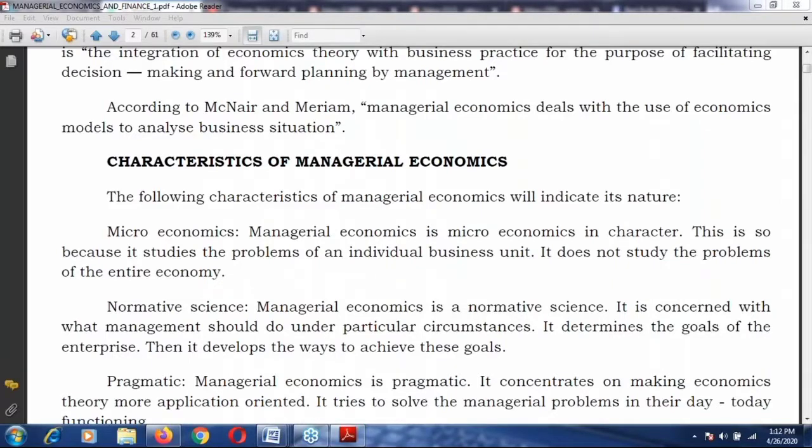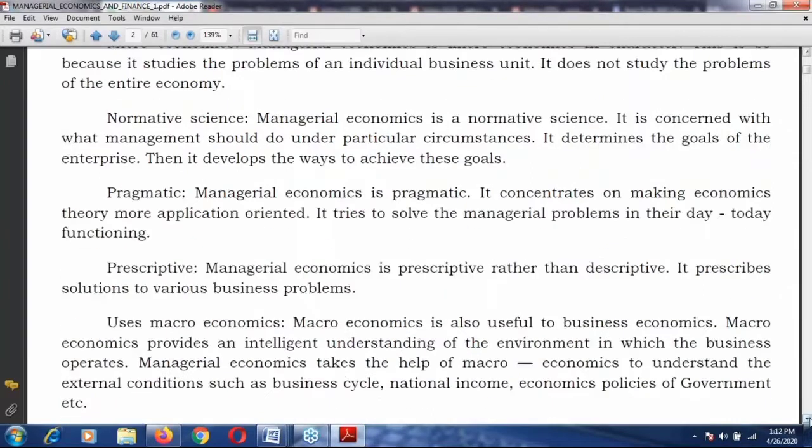So the management can easily decide the timing and the locations of their specific actions. So managerial economics has to interpret the national economic trend and industrial outlook as relevant to the firm in the timing and location of their specific actions.